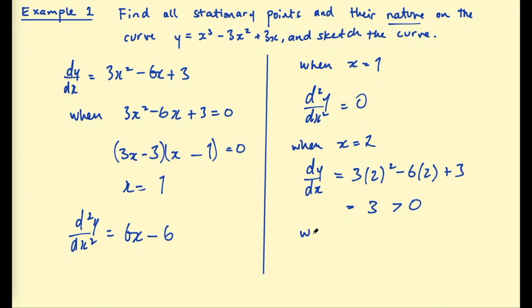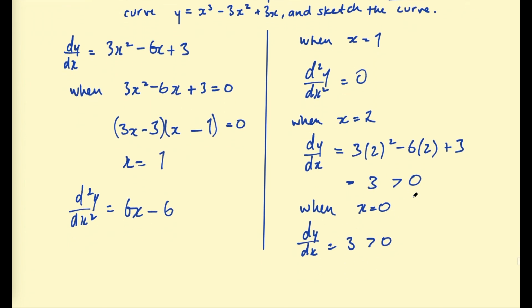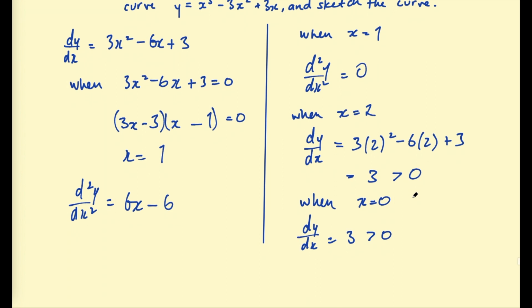What about a point just before x equals 1? So when x equals 0, what do we get for the derivative? When x equals 0, we get 3, which is again greater than 0. So that's also positive. So when we have no change in the derivative, that means we have a point of inflection. So we can say, therefore, we have a point of inflection at x equals 1.